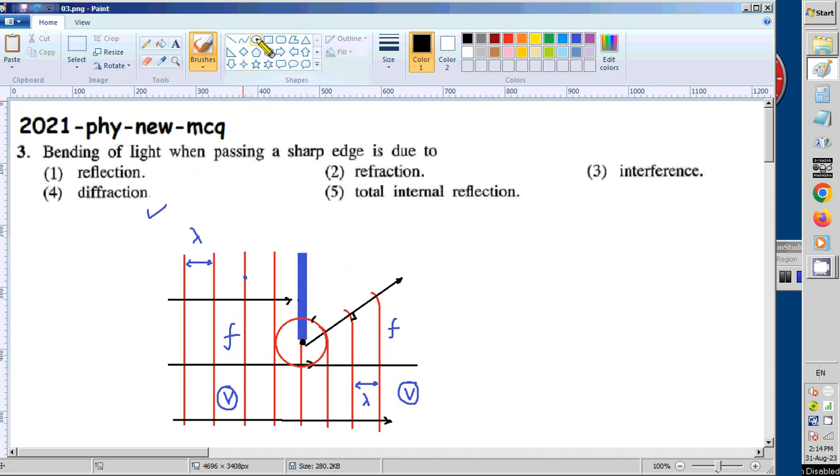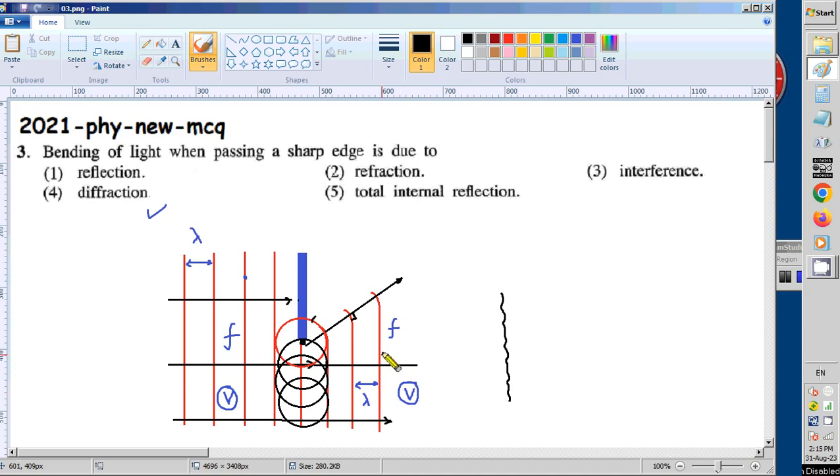If the other wavefronts are present here, all overlapping on one another, this curve shape disappears and a straight line appears here like this. I draw it magnified, and a straight line appears.